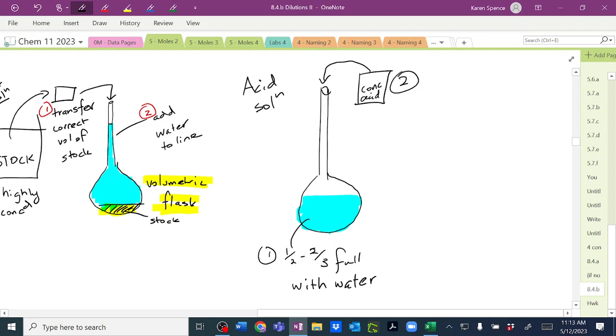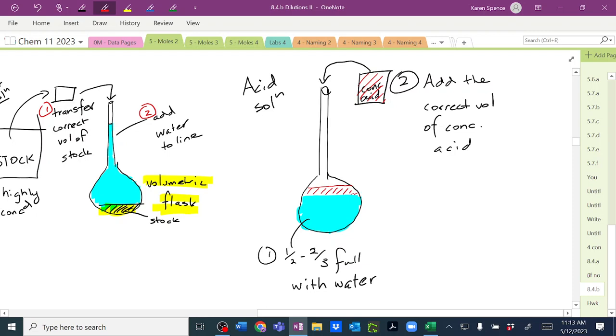That's number 2. Add the correct volume of concentrated acid. Okay, and that is going to be now in here, yes?